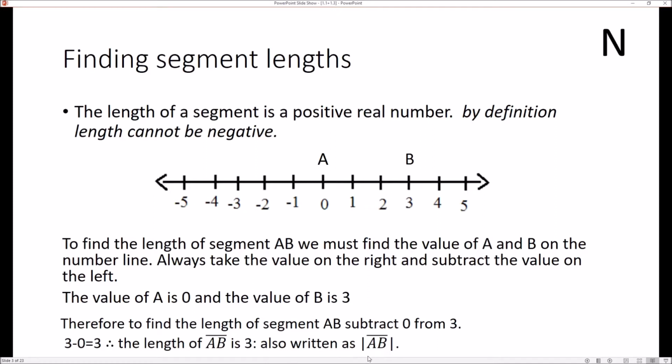The absolute value bars, because the length can never be negative, are used, and this means the length of segment AB. So the length of segment AB is 3. We're going to start going from full written out English sentences to these symbols. It's going to be more efficient, and you're going to need it for proofs coming up later in the month.